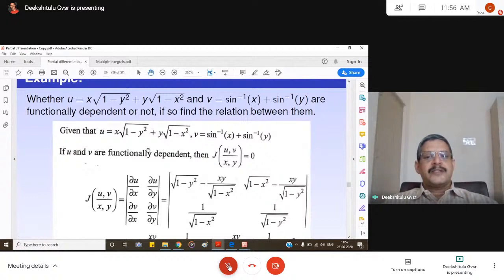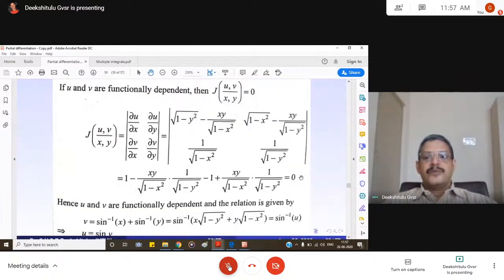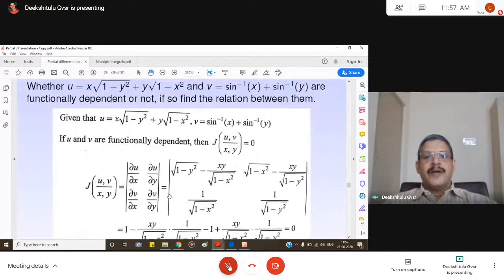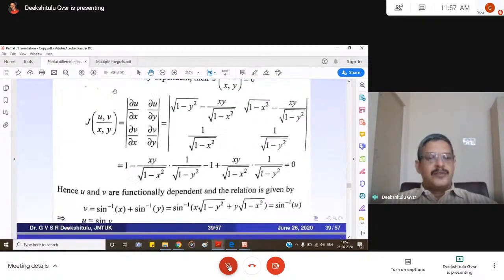So ∂u/∂x, this one, ∂u/∂y. If you find the Jacobian, it is 0. See, the terms are so complicated, but finally the Jacobian becomes 0. As a result, we get that they are functionally dependent.